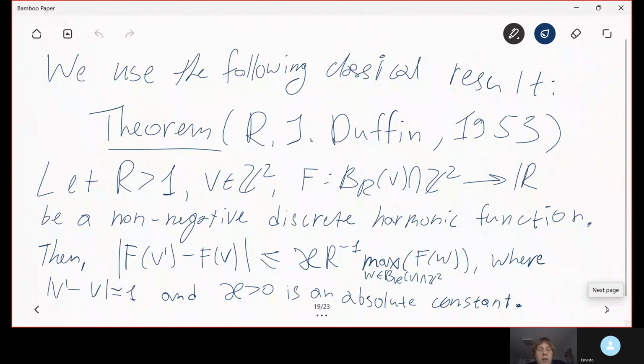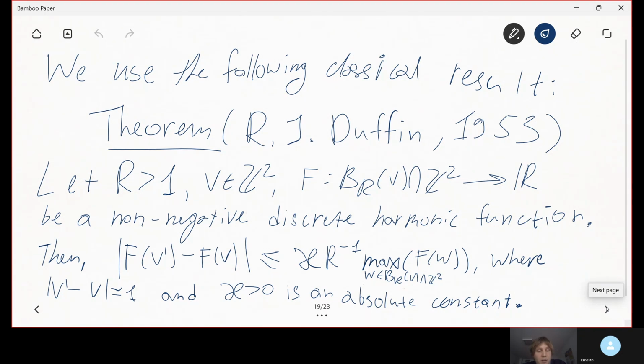So we will use the following classical theorem, which we extensively used in our soliton paper. I suggest you contemplate the statement. Morally, it tells you how to estimate a derivative of a harmonic function on a big domain of harmonicity.